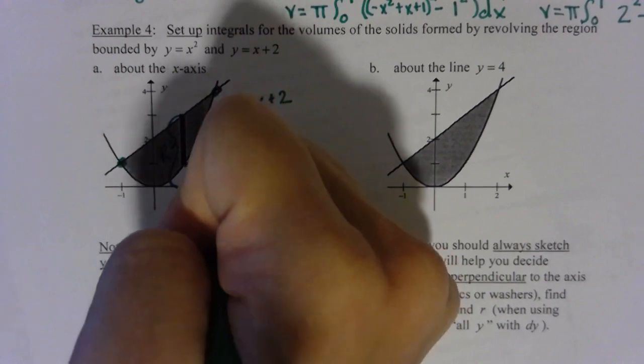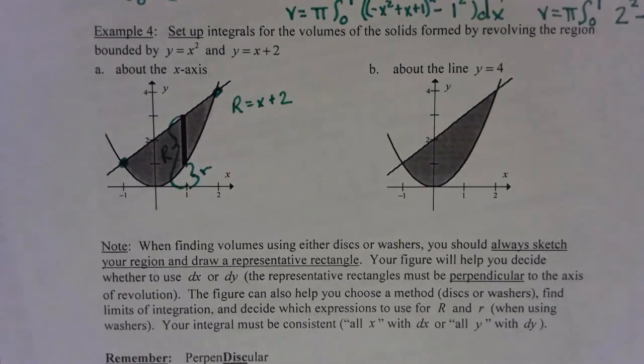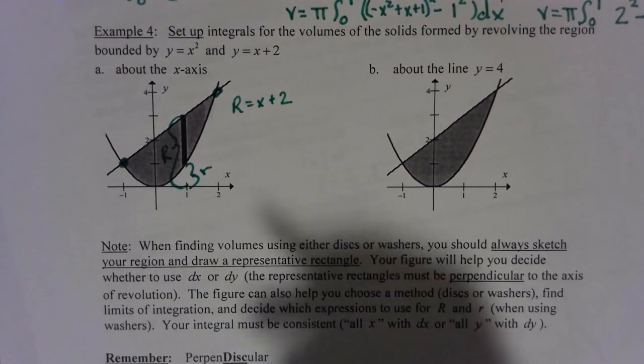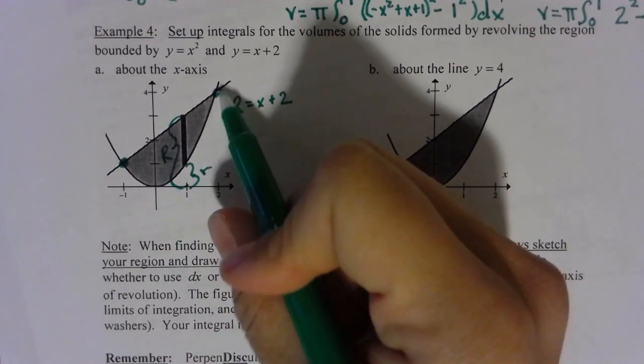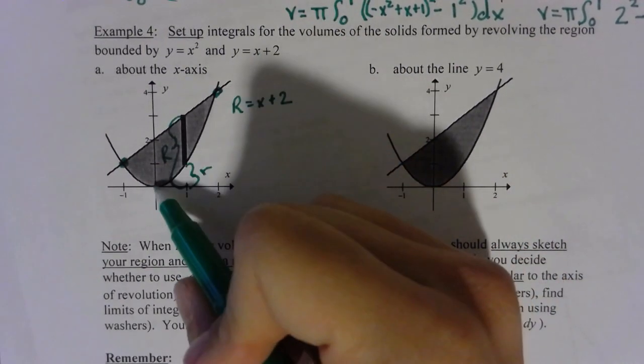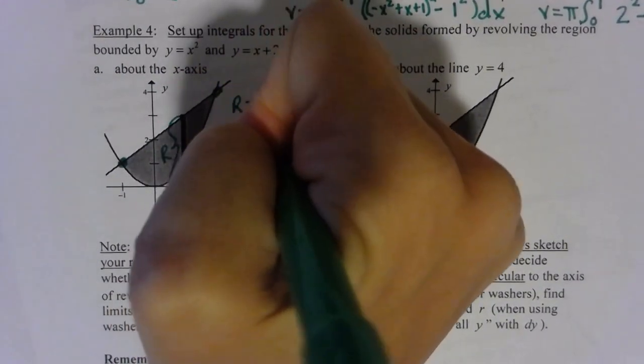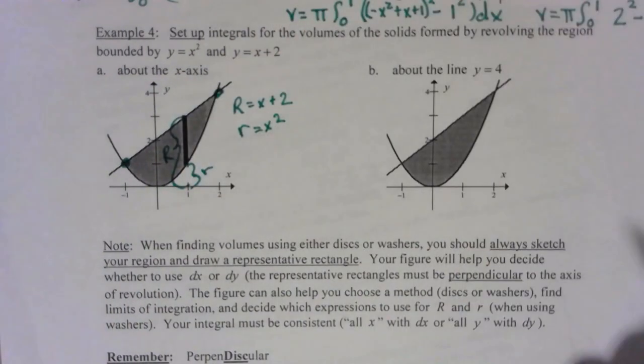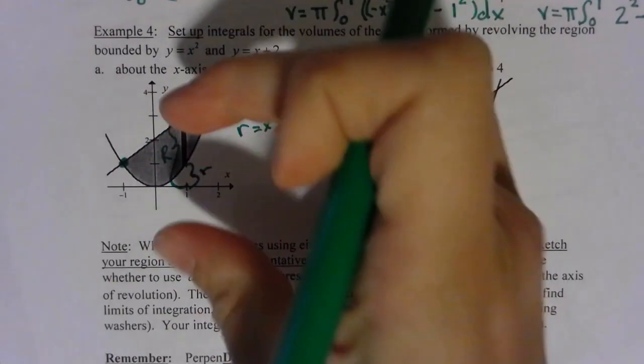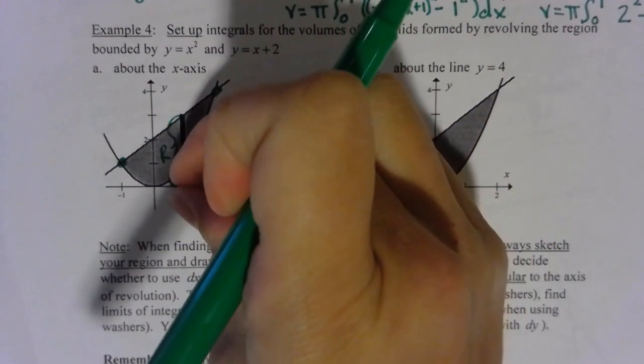Our little r, our hole, is down here. And our little r includes the area under the x squared. Okay, so this area minus this area.